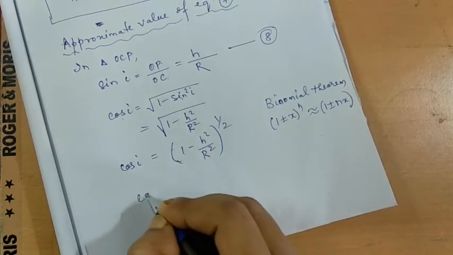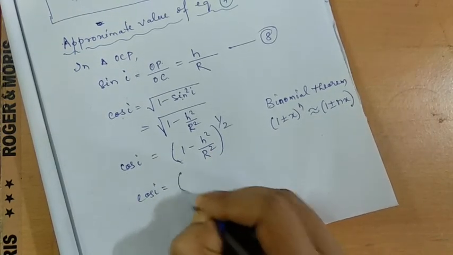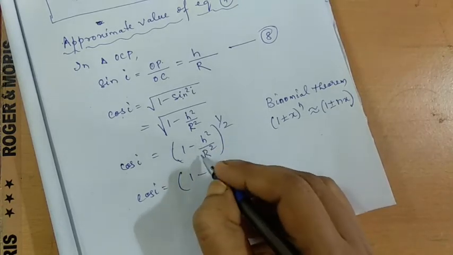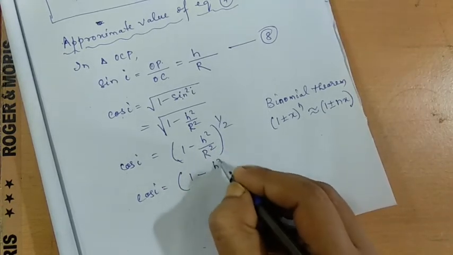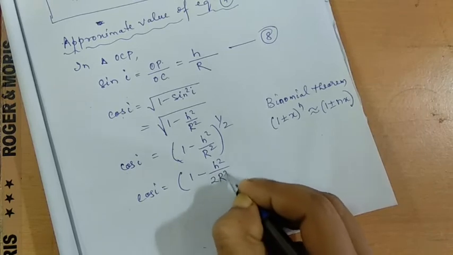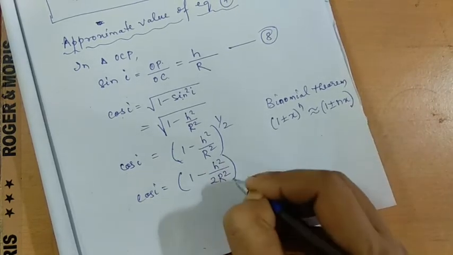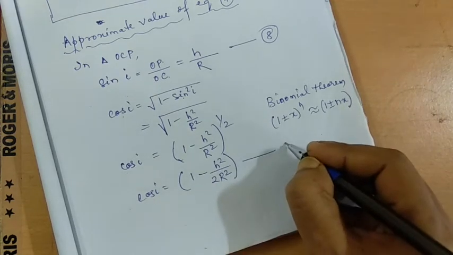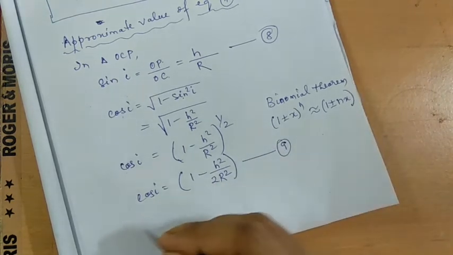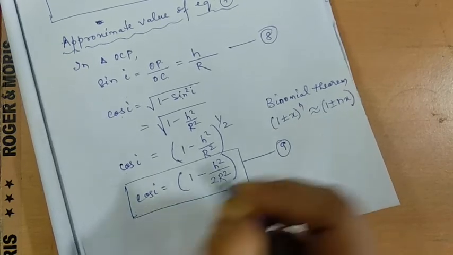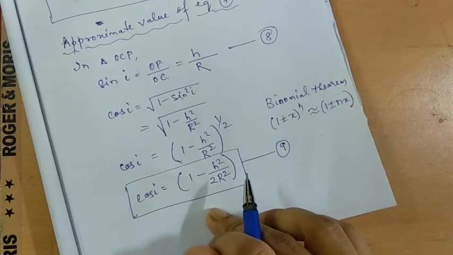So you will get here cos I is equal to 1 minus, this half value will be multiplied over here, so you will get h square by 2 r square, and the other higher terms are being neglected over here. So you got this. Let's say this is my equation 9. So cos I value is calculated over here.